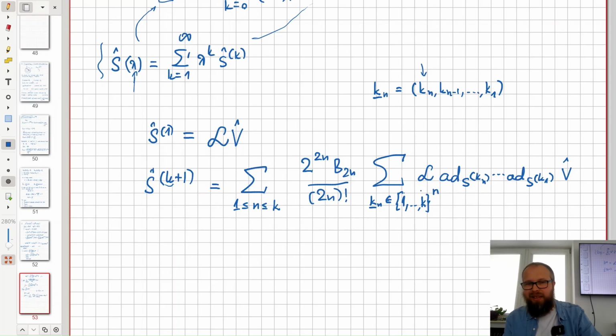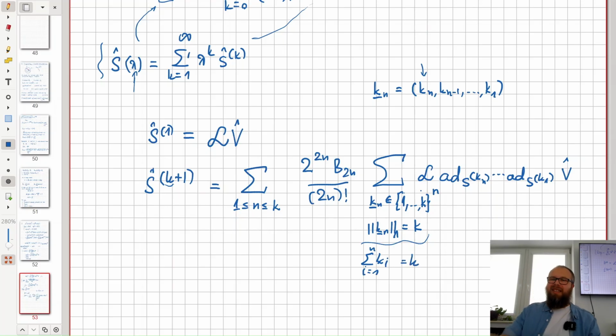Under the constraint that the norm 1 of this tuple is k. This basically means that when you add all the ki from 1 to n, they add up to k. In other words, here you see those orders of s's come in, and you collect everything where the total order adds up to k.